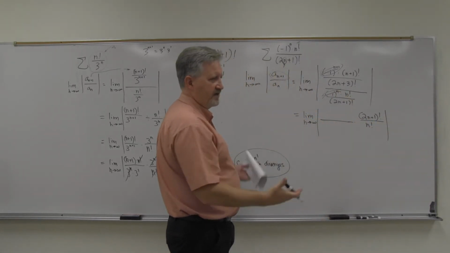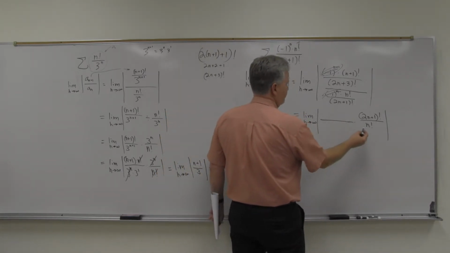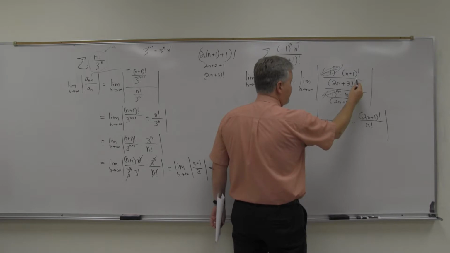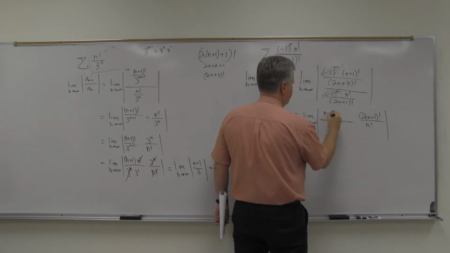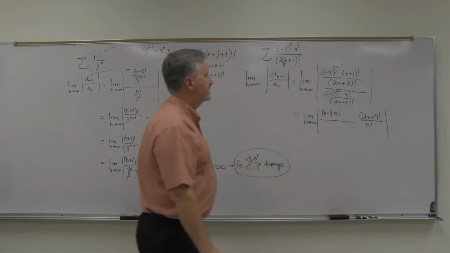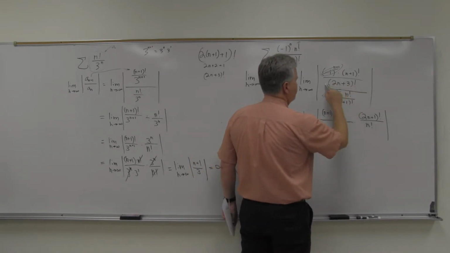To save some steps, I'm going to write all this out. On top I'll have n plus 1 factorial, but since I've got n factorial there, let's rewrite that as n plus 1 times n factorial. What about 2n plus 3 factorial?